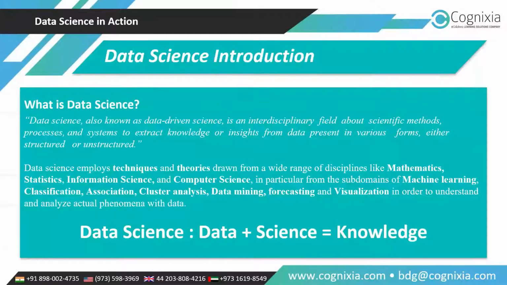So again, what is data science? Data science is data driven science. The central entity, the important part here, is data. Now, what about this science part? In data science we make use of scientific methods, processes, and systems. So what are these keywords?